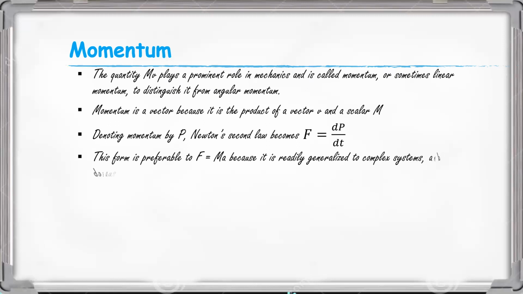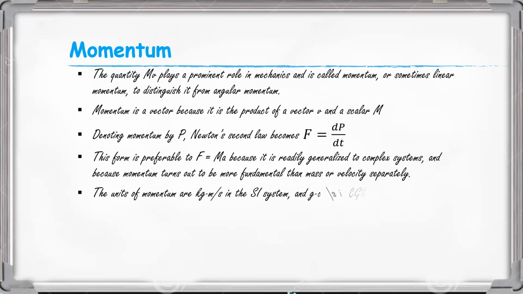This form is preferable to F is equal to ma because it is readily generalized to complex systems and because momentum turns out to be more fundamental than mass or velocity separately. The unit of momentum is kilogram meter per second in the SI system and gram centimeter per second in CGS.